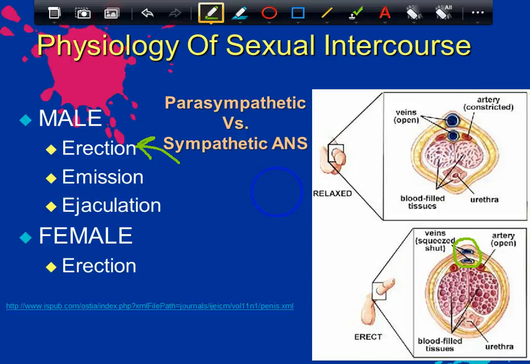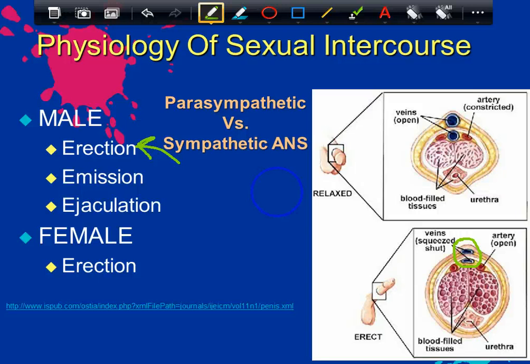The emission is going to be the movement of the sperm from the epididymis, where they're hanging above the testis, along the vas deferens. They merge with the seminal vesicle duct, and the secretion from that duct mixes in. That's the main part of semen. And then that semen moves to the urethra.